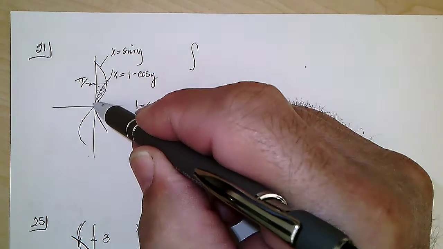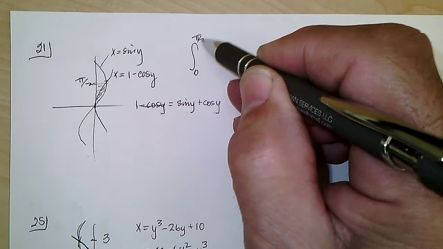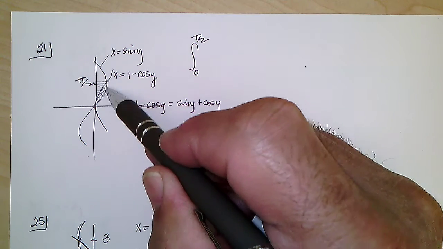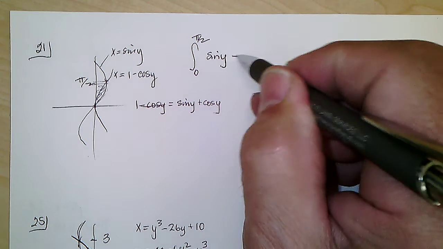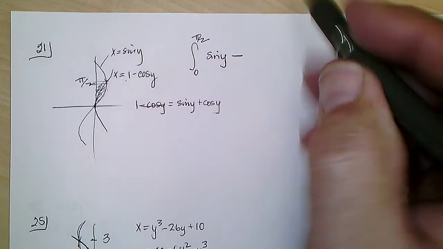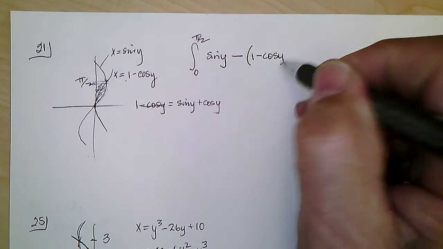So we're going to integrate from 0 to pi over 2 of the top curve, which is this one, which is sine y, minus the bottom curve, minus the area under this curve, which would be 1 minus cosine y.